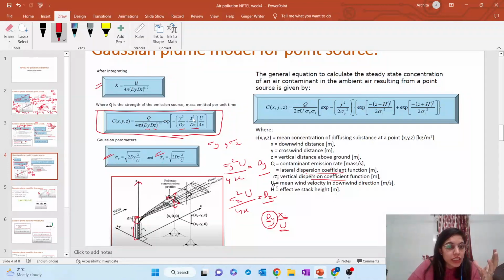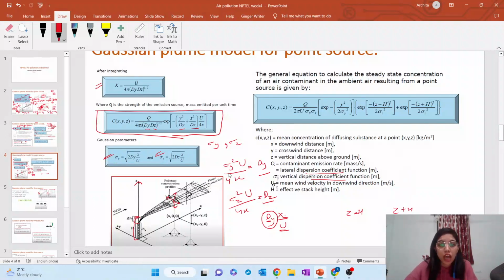So what they did is they find two terms of z. One is z minus h, that is the diffusion in the z direction minus the total height, which is the height of the stack plus the height of the plume. Or it could be z plus h.